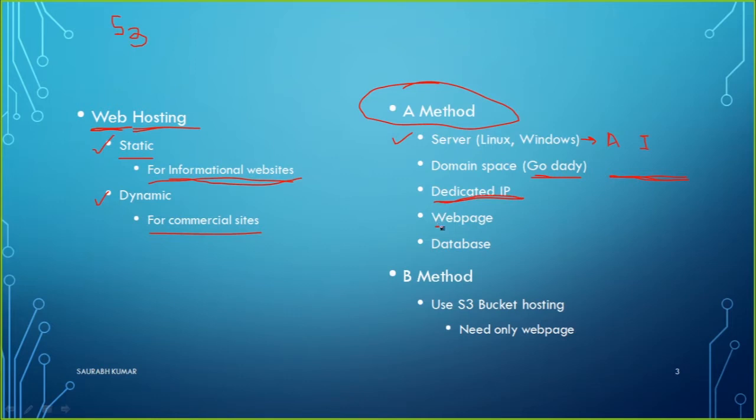Then you need a web page or website which you want to host. And if your website needs a database, definitely you need a database server there. This is the method being used by all different types of organizations. If you have a small organization or a big one, they always go for it.